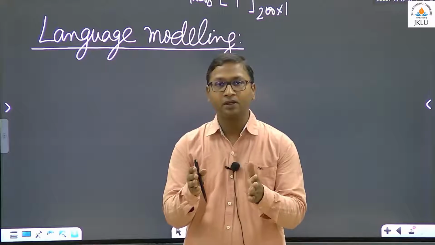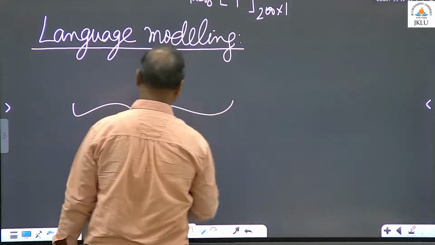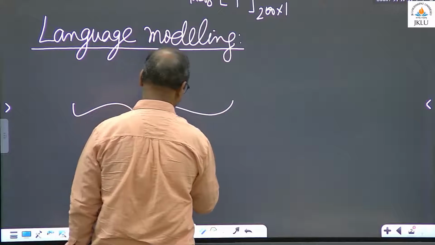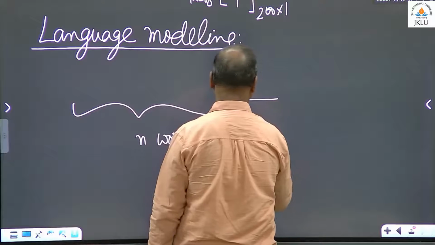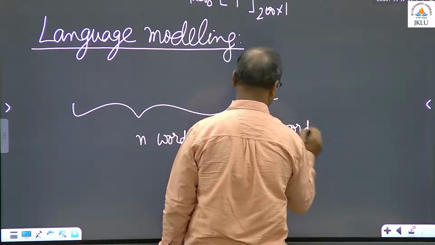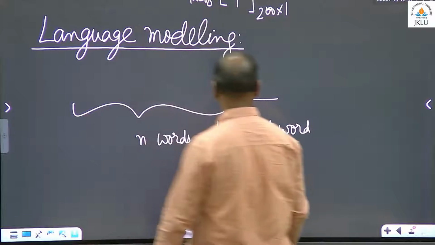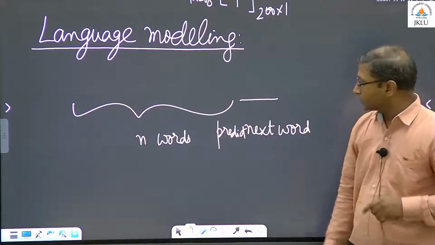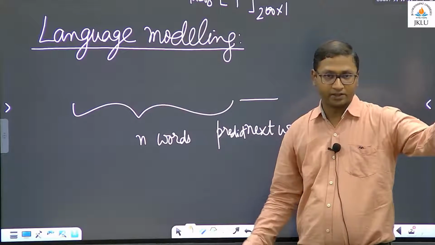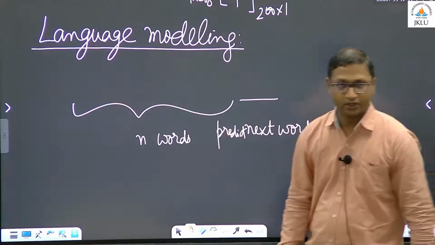One is, given some n words, you have to predict the next word. Given a context of n words, you can't have infinite context, so you will have some finite n words, just give me the next word.